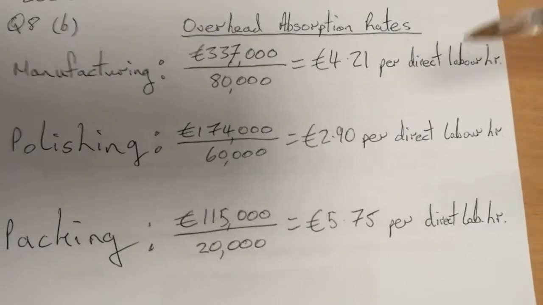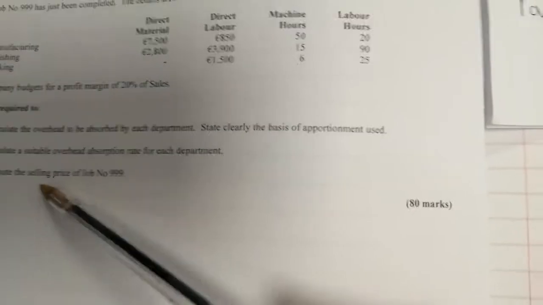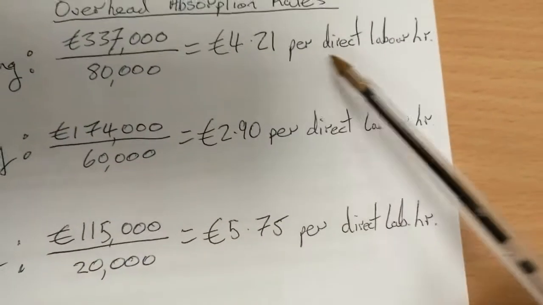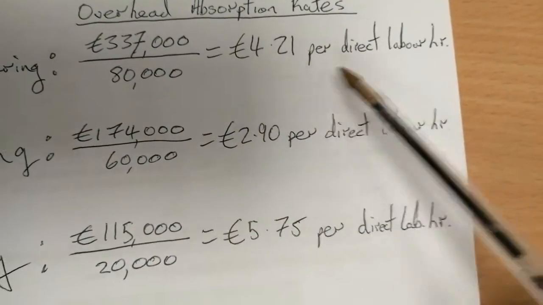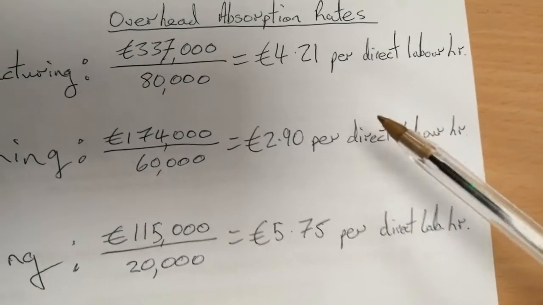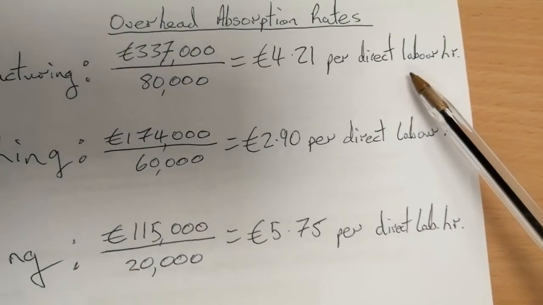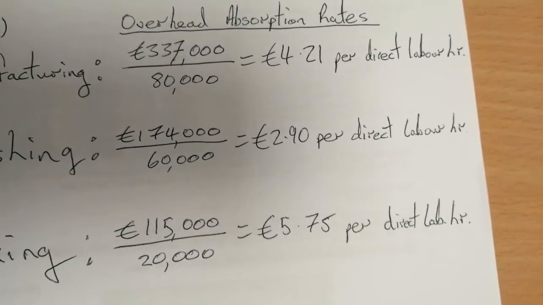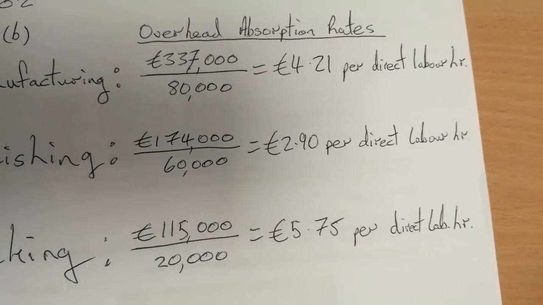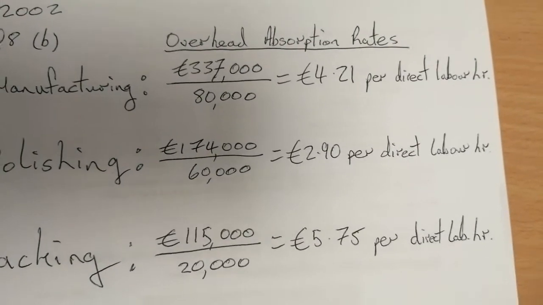But then in part C, you need to use these overhead absorption rates, and they used not the 421 per direct labor hour, but the other figure that they got per machine hour. So we're going to use this one here because it's perfectly correct, but just be warned that it will look different to the solution that you'll see if you look up examinations.ie.